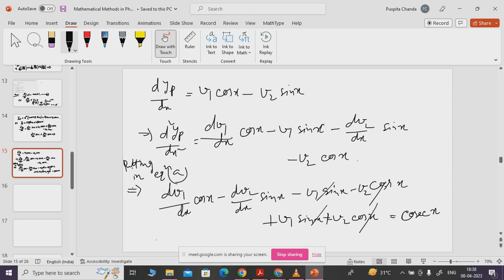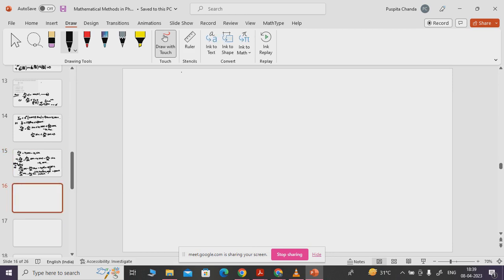So we get dv1 dx cos of x minus dv2 dx sin of x is equal to cosec x. We have already gotten dv1 dx sin x plus dv2 dx cos x.